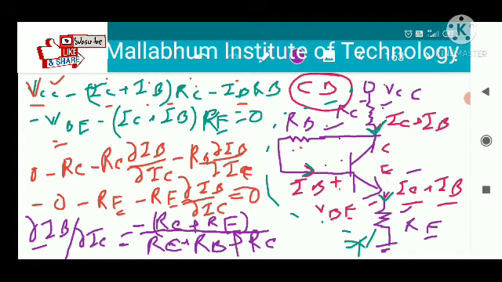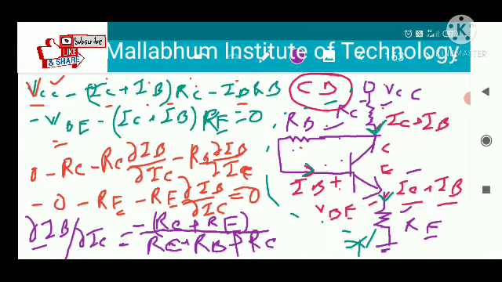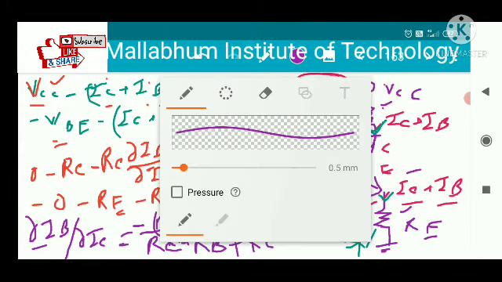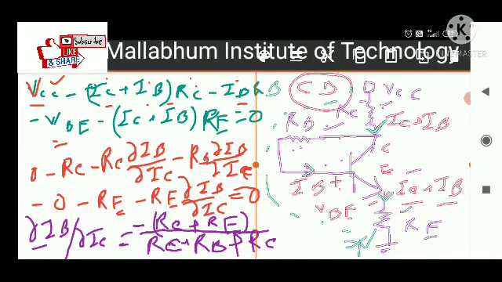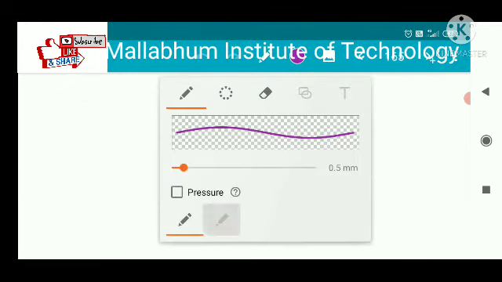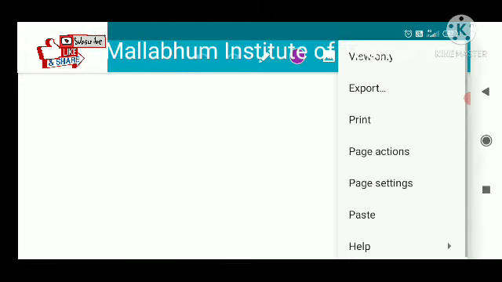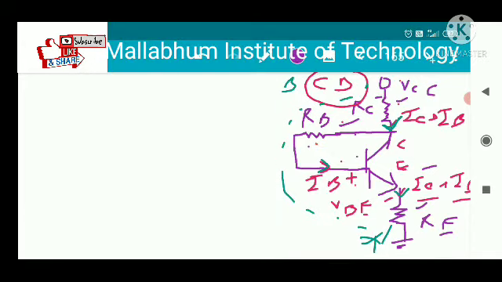So to eliminate this feedback problem, I am drawing the circuit again. So this is your original circuit, and this is where the feedback problem comes in. To eliminate the feedback problem, this RB is divided into two resistances like this.